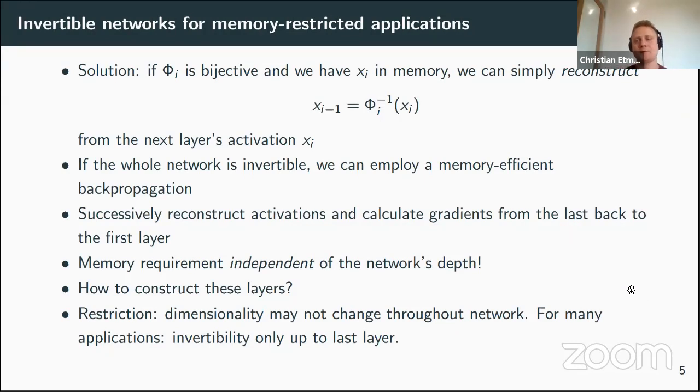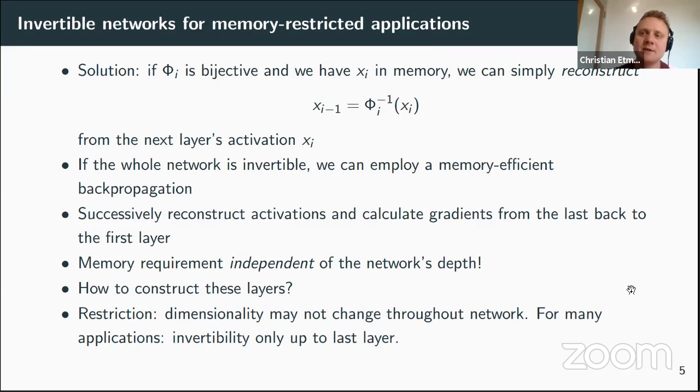So if the whole network is invertible, then we can simply, going from the last layer back to the first layer, successively reconstruct and calculate gradients, so that the whole procedure is very, very memory efficient, because we don't need to store intermediate activations.